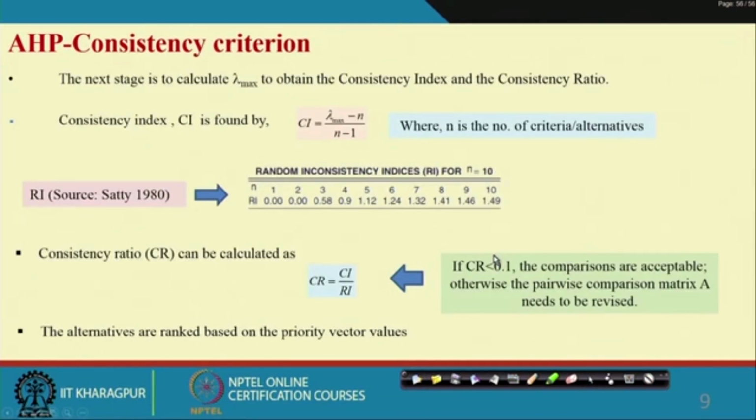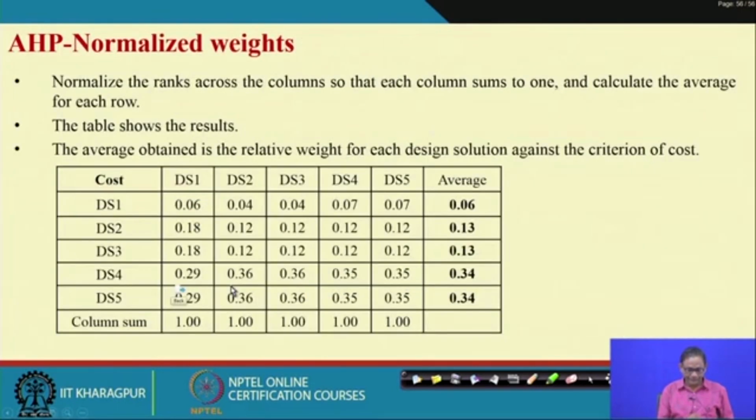Now, what happened is that you have to do some test here, whether the comparisons given by the experts are consistent or not. So, you have got this matrix and finally, you have found this average, fantastic.